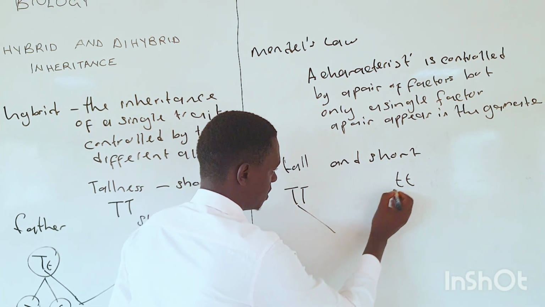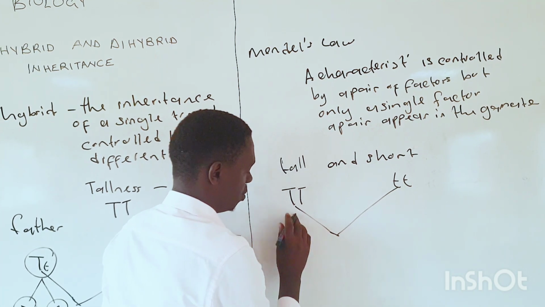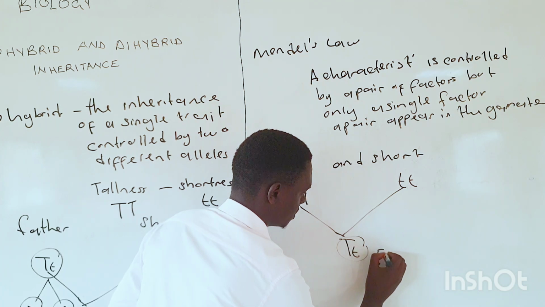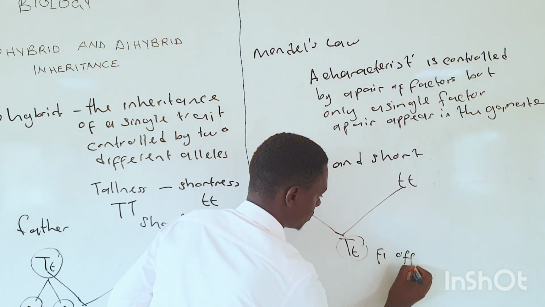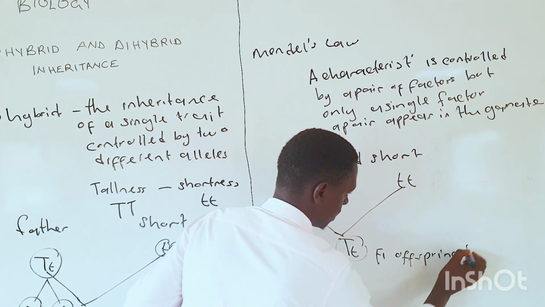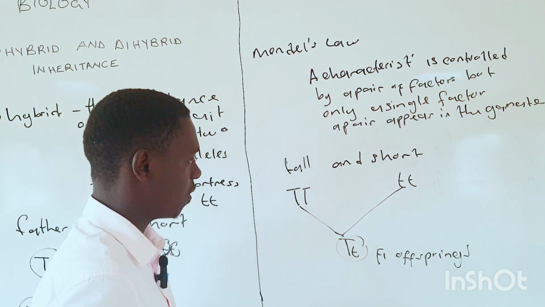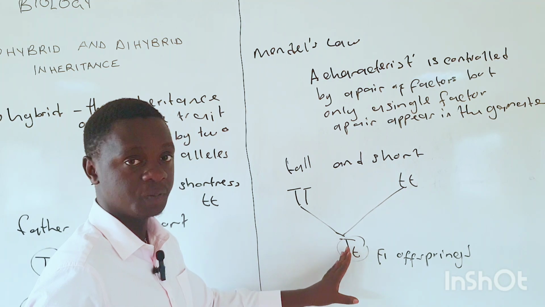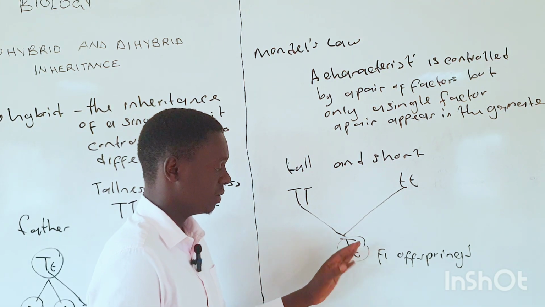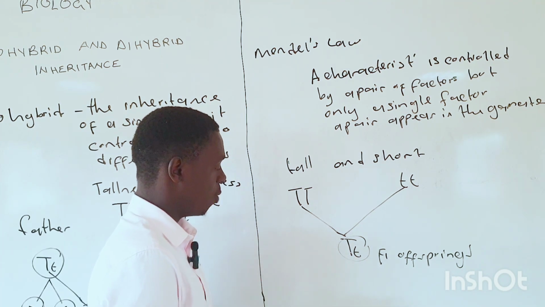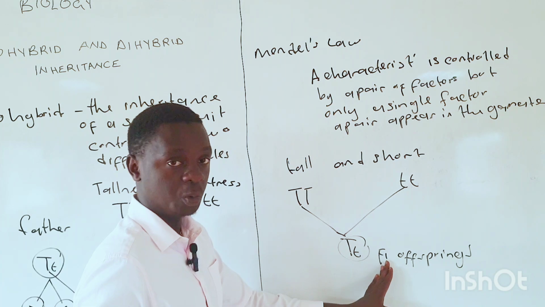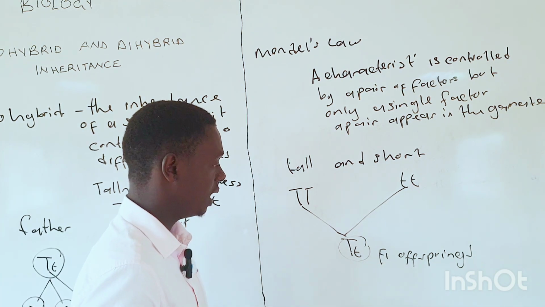Then he crossed them. When he crossed, we get what we call the F1 offspring. And all these F1 offspring were tall. We can see they are tall, but they are heterozygous tall. Now, when he crossed these F1 offspring with each other, he obtained a ratio.